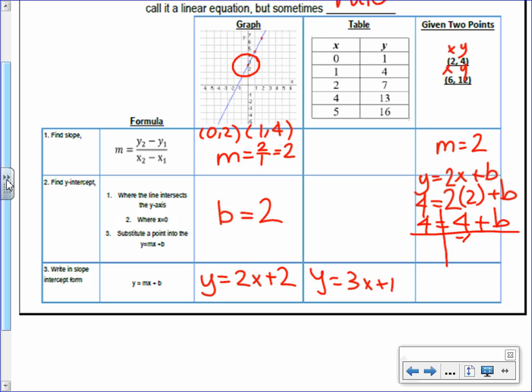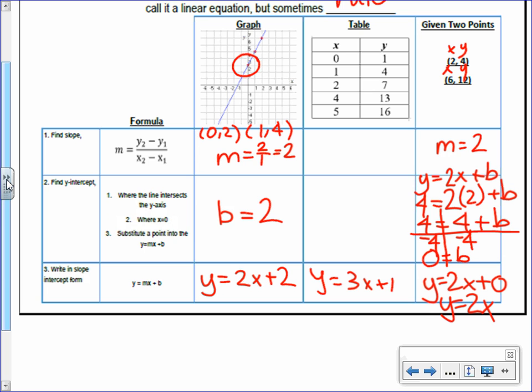Subtract 4, because I'm trying to get b alone. B equals 0. If you don't know, you're going to have to plug in a point to figure it out. So now you can write the linear equation. Y equals 2x plus 0, or just y equals 2x, however you like to look at it.